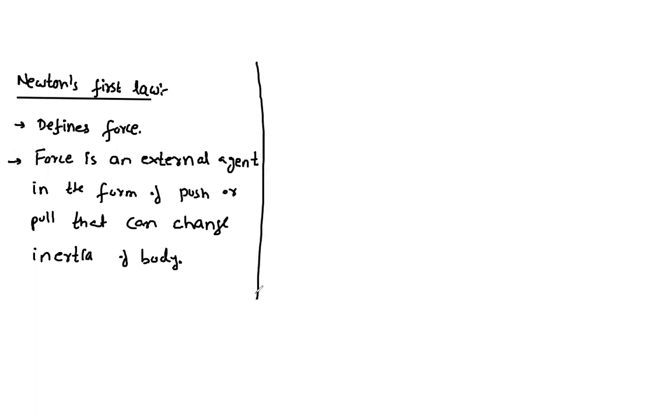Let's see some examples. We will see examples of types of inertia separately. So if we consider type of inertia, the first inertia is inertia of rest. See, the first example for inertia of rest.